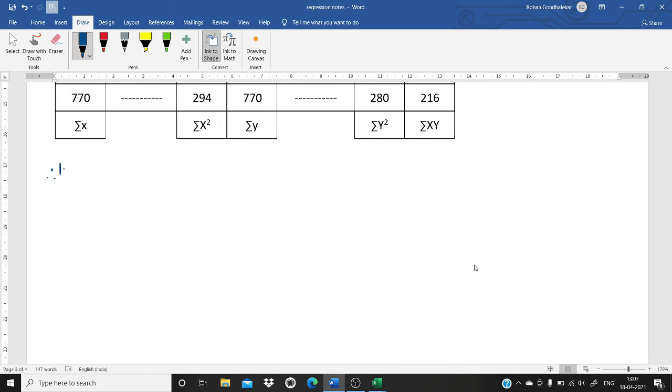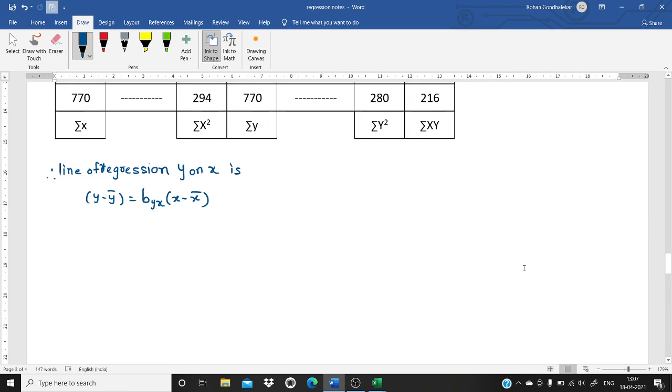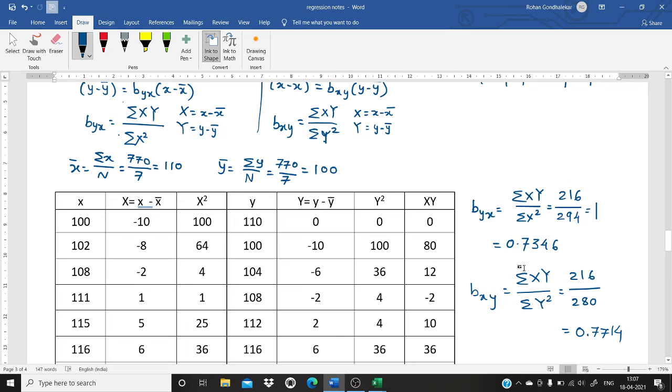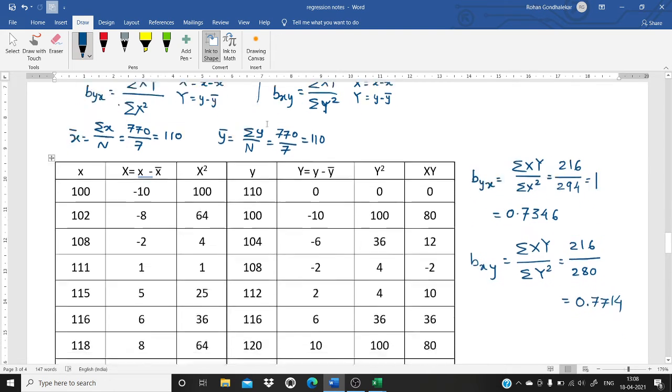Therefore, the line of regression y on x is y minus y bar is equal to byx into x minus x bar. The x bar and the y bar are the same here in this problem. Sorry, here I missed that. It is 110. The 110 is the value for x bar and y bar.